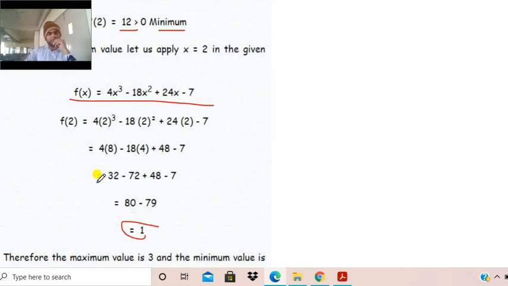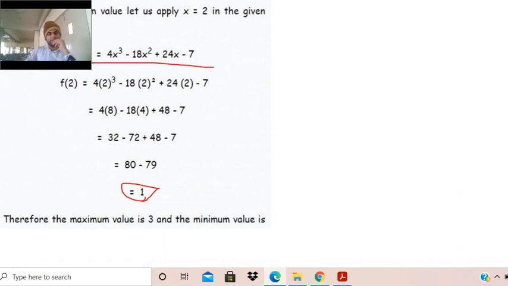So the minimum value of the function is 1 and the maximum value is 3. So now from this question you get maximum value, that is 3, and minimum value, that is 1. So I think you are aware, you see this question and you are aware about maxima and minima. So thank you so much.